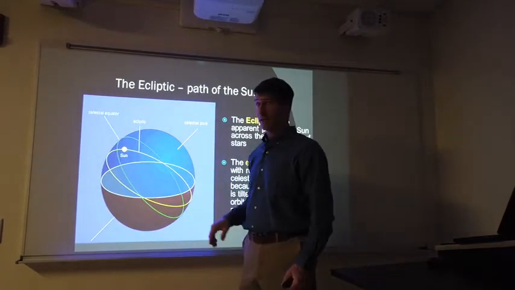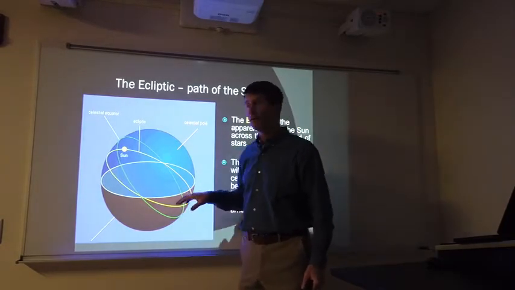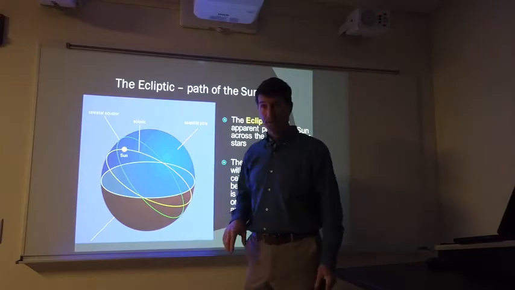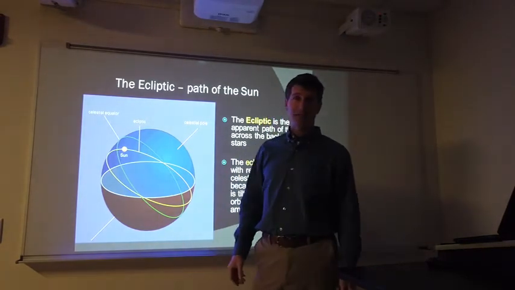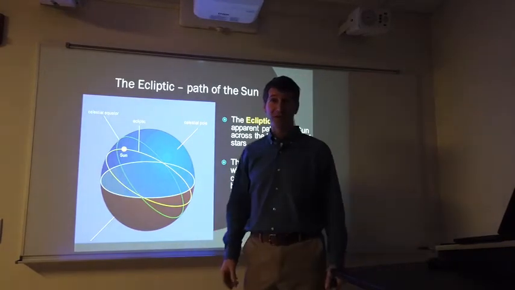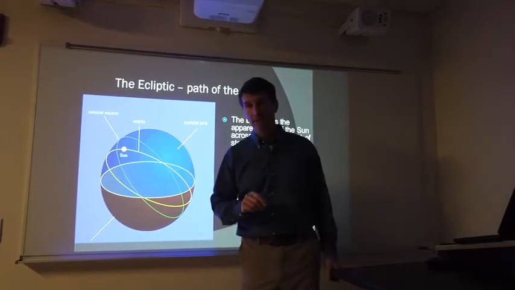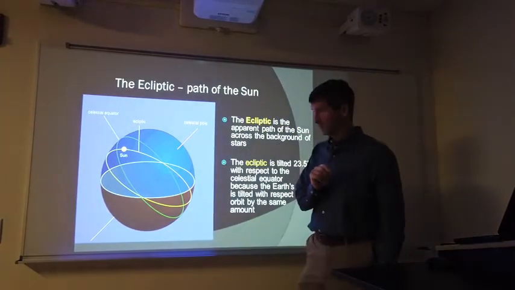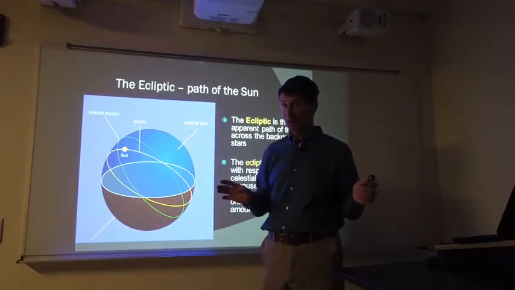Now, the ecliptic is important because that's where we have not only the path of the sun, but the path of the planets. And if you're into horoscopes and all that crazy stuff, that's also where we have the zodiac. In fact, your horoscope sign goes back to an ancient tradition of astrology.